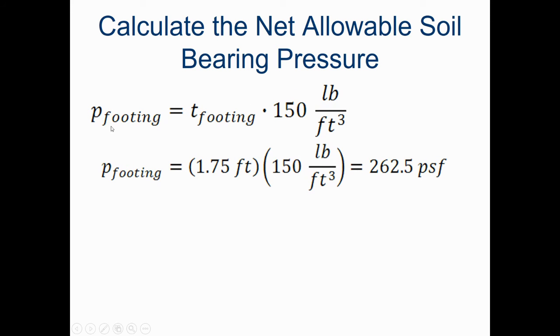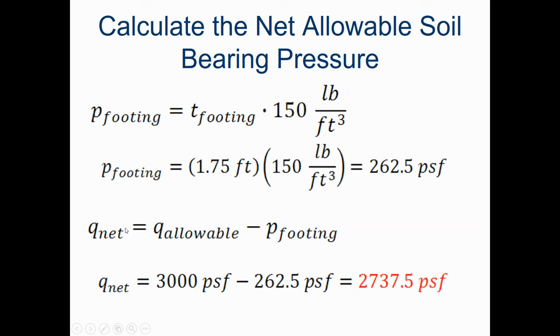So we know that the load of the footing is the thickness of the footing times 150 pounds per cubic foot. That's the density of concrete. So the loading of the footing is 1.75 feet, 1 foot 9 inches, times that 150 pounds per cubic foot gives us 262.5 pounds per square foot of that footing.